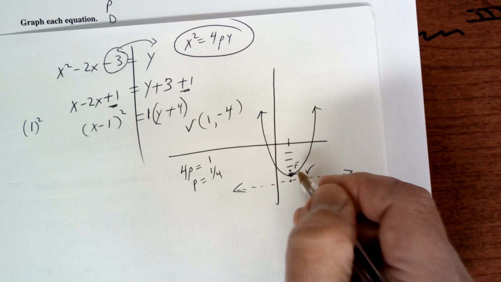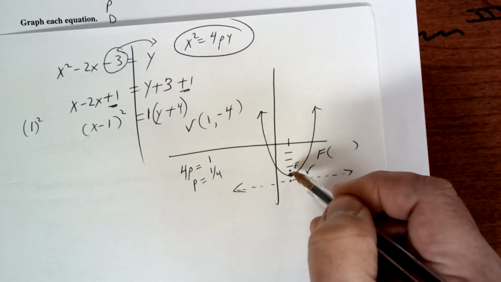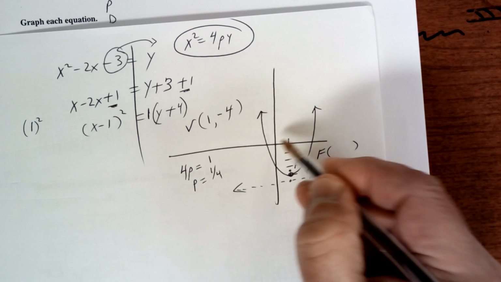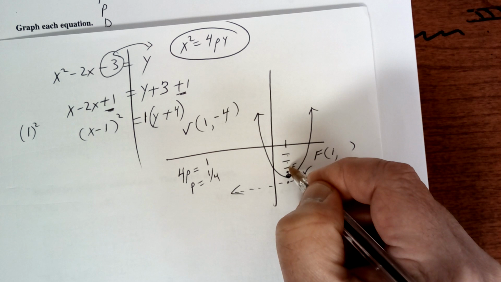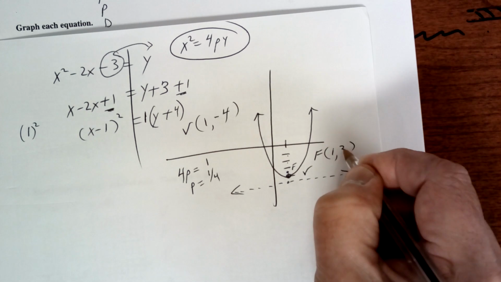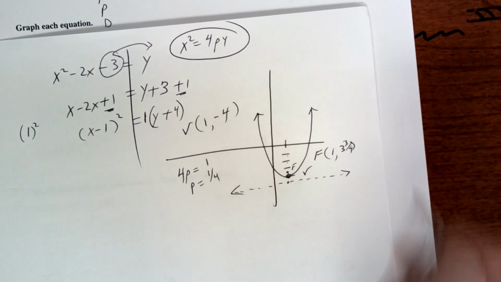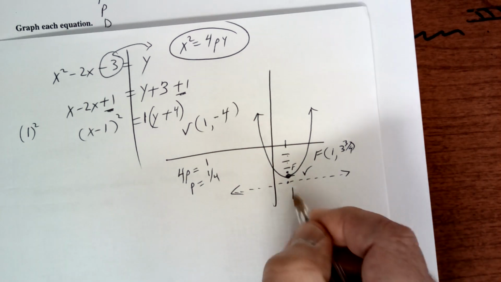Now, you might say, well, wait a second. What is actually the coordinates of the focus? And that's a good question. The coordinates of the focus here would be over 1, down 1, 2, 3, and we went up a quarter, so it's got to be 3 3/4 to be exact. You might say, well, what is the directrix?